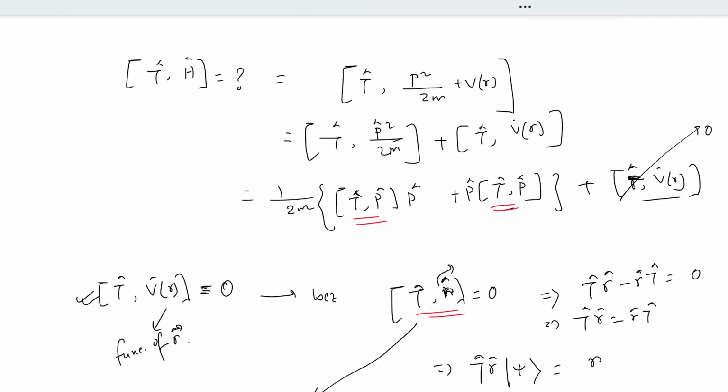So instead of this, we have to write down that if under the time reversal operation P goes to minus P, then TP acts on a state psi.